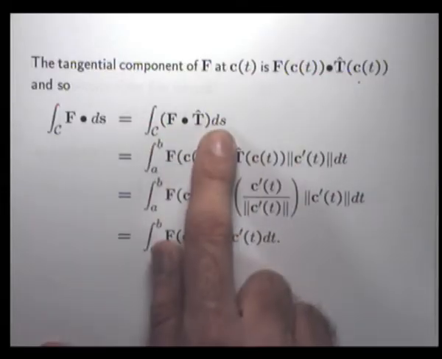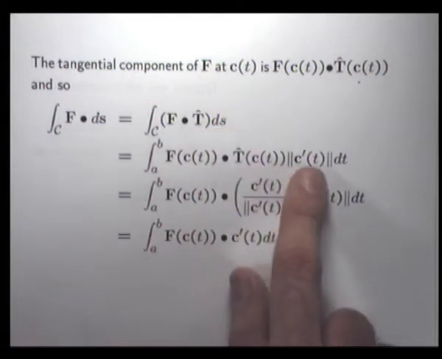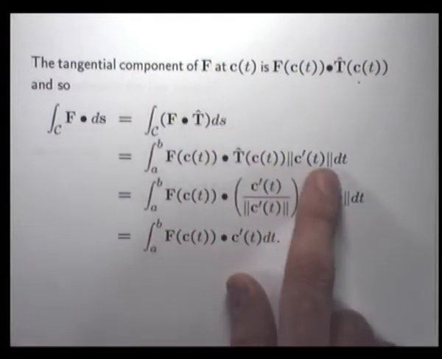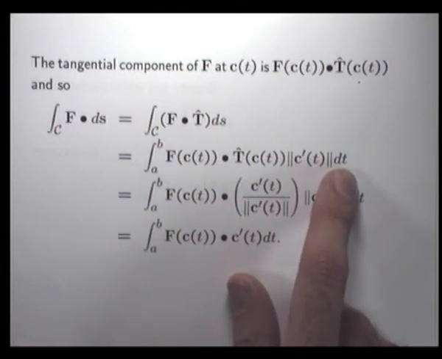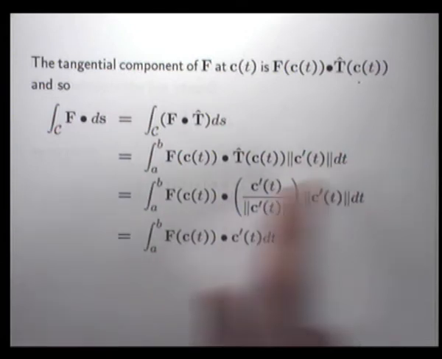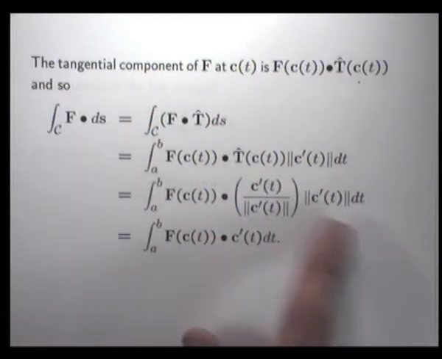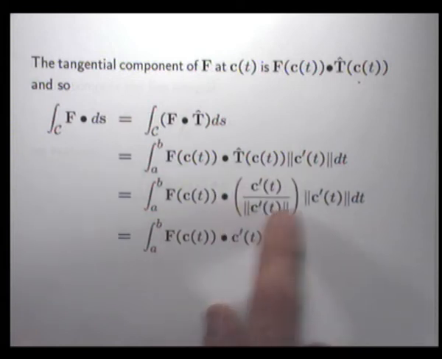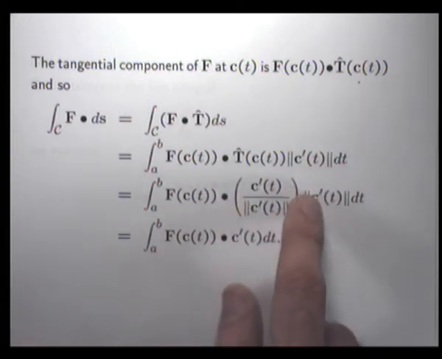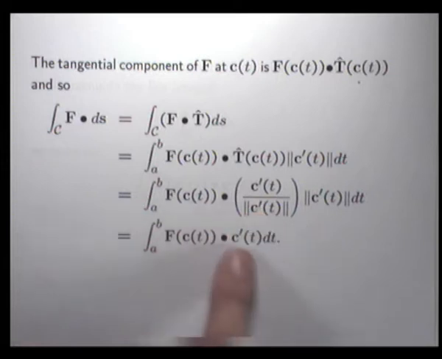And we know that the ds element is just the magnitude of C dash dt. I can now replace T hat of C of t with this and cancel these things out. So we end up with this simple, computationally important representation for a line integral.